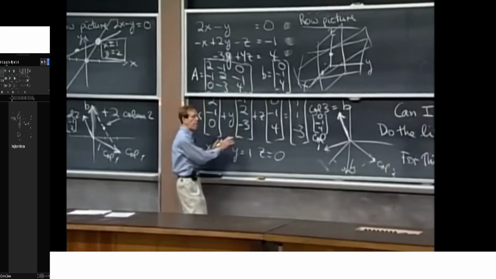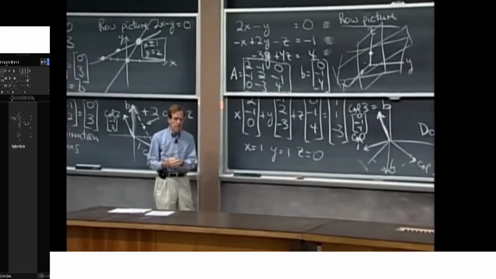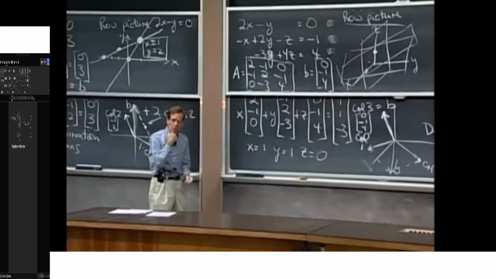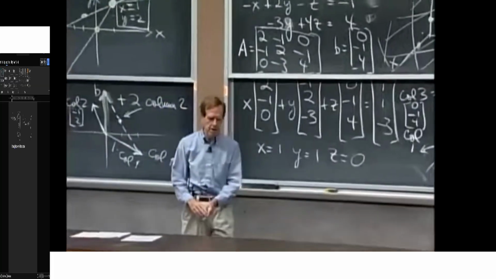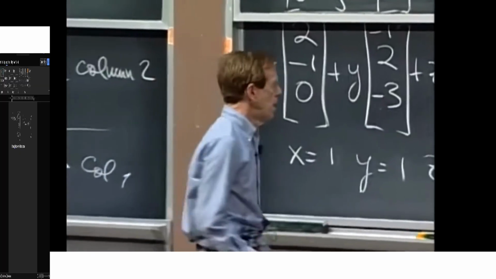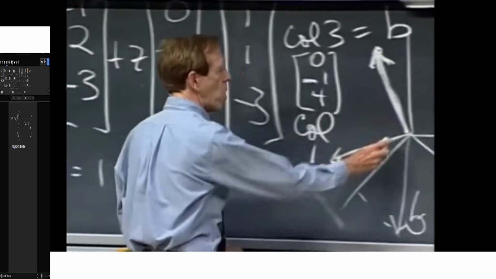We will see other matrices where the answer becomes no. Oh, actually, you can see when it would become no. What could go wrong?